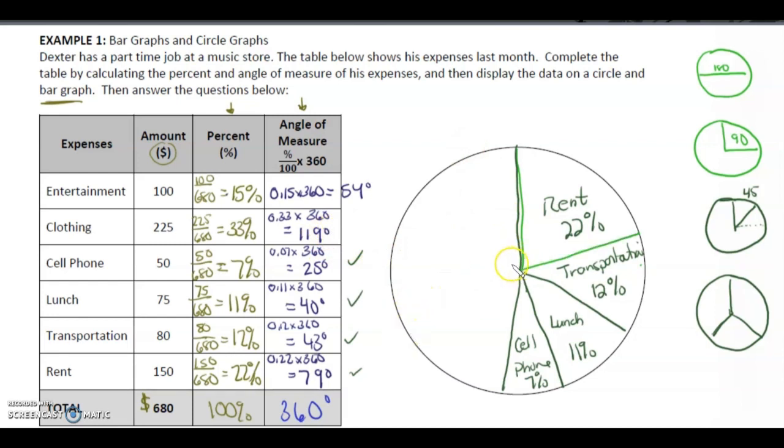So instead of being here, let's draw it about right here. So this would be clothing. And this would be a third, so 33%. And then that gives us entertainment at 15%, which is 54 degrees. So that quarter and a little bit more, which makes sense because these two approximately would be a quarter.